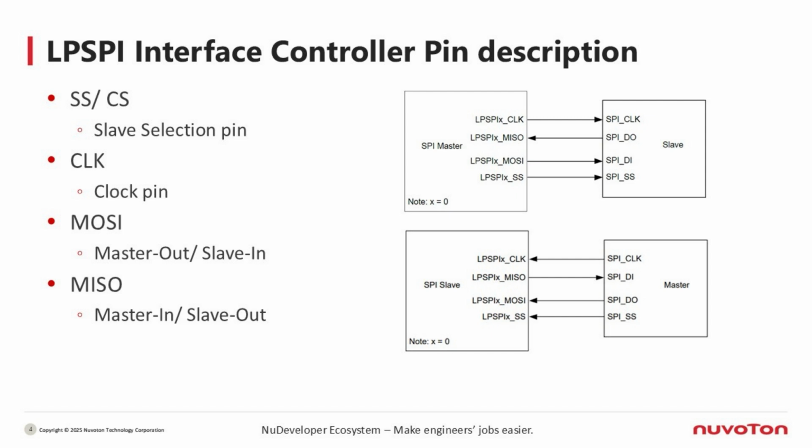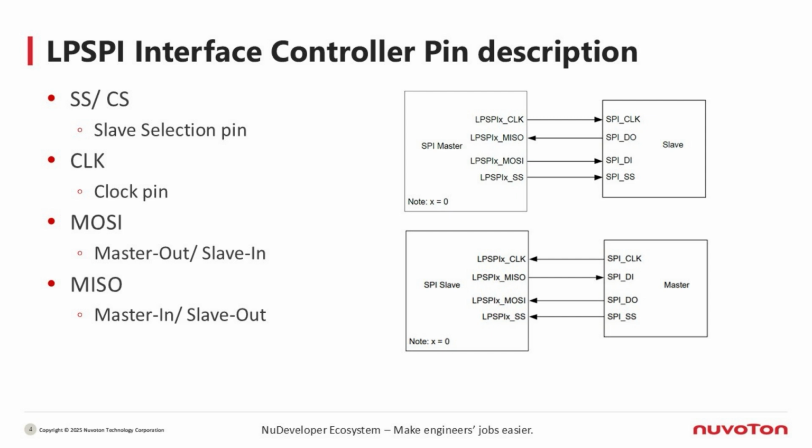Then we have MOSI, which stands for Master Out, Slave In. In master mode, MOSI is an output, and sends data on the selected clock edge. In slave mode, MOSI becomes an input and samples the data according to the clock. Finally, MISO, which is master in, slave out.